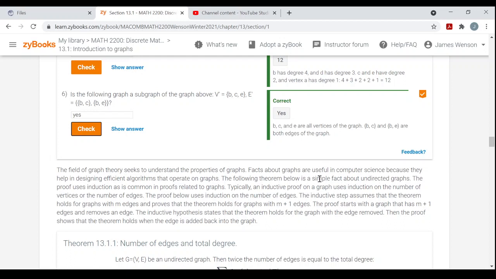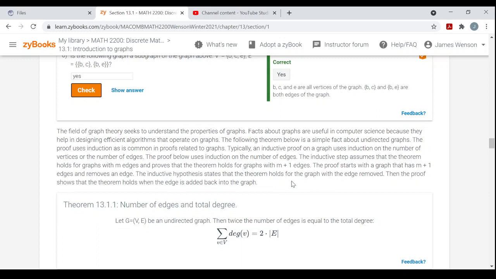The following theorem is a very simple fact about undirected graphs, and the proof uses induction, as is common in proofs related to graphs. Remember proofs by mathematical induction. Typically, an inductive proof on a graph uses induction on the number of vertices or the number of edges.